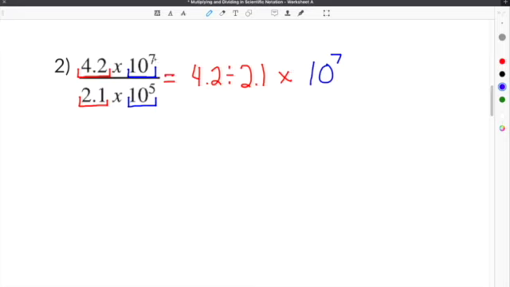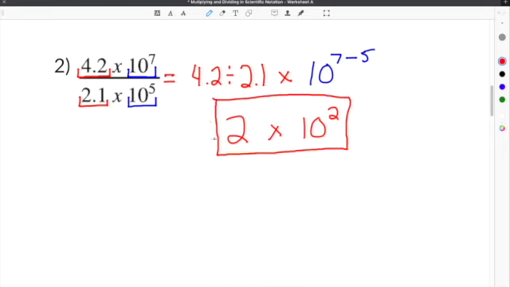We already know that when we divide exponents, we subtract them. So we're going to do 10 to the 7 minus 5. 4.2 divided by 2.1 is 2. And then our power of 10 will be 10 to the 7 minus 5, which is also 2.